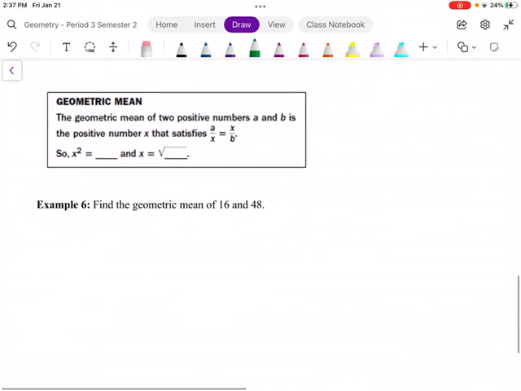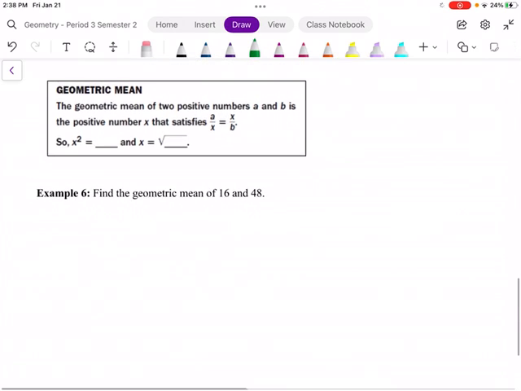Our last thing we're going to go over is geometric mean. The geometric mean of 2 positive numbers, a and b, is the positive number x that satisfies a over x equals x over b. So if we are using cross multiplication to solve this, x times x is x squared, and then a times b is just ab.